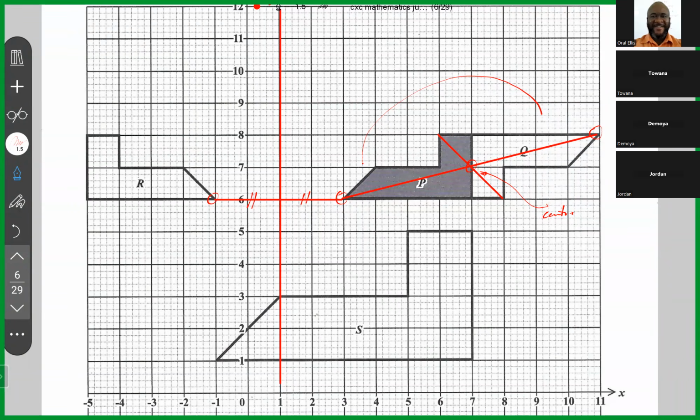Now, for an enlargement, the first thing you need to do is find the center of enlargement. To find the center of enlargement, you need to draw two straight lines through corresponding points on the object and the image. So this point corresponds to this point, and I'm going to draw a straight line through both of them.